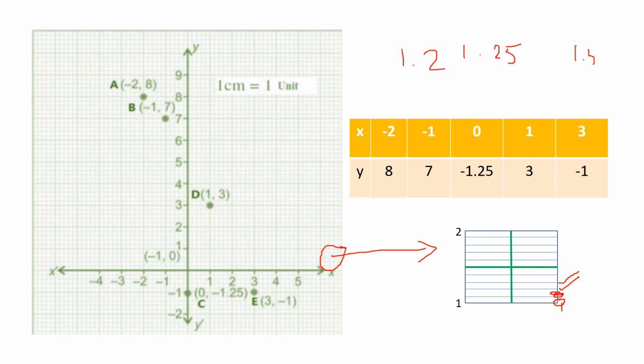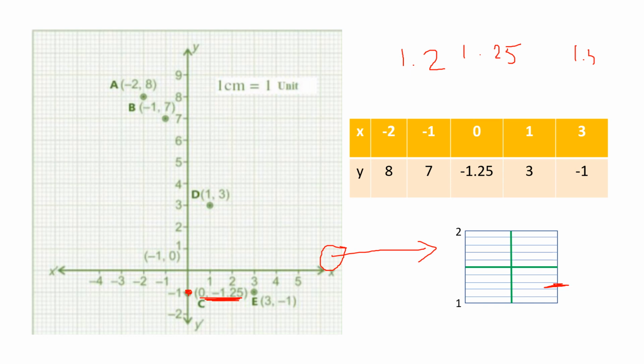So definitely this 1.25 is going to be somewhere in between here. So we have to plot this point, okay? So how did I plot that? Somewhere here, okay? So that's why I plotted this as 0, -1.25.